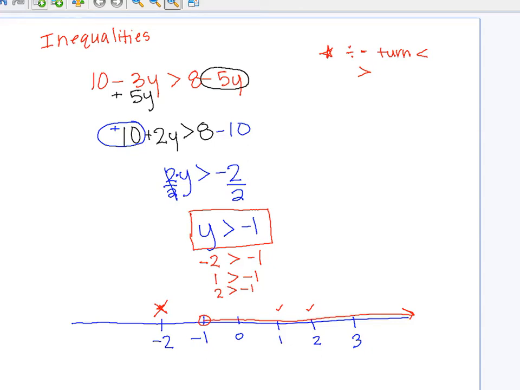You would have something that looks like this. M divided by 3 is less, let's make that a negative 3. We do not turn the sign because we're doing the opposite. So instead of dividing by a negative 3, we are going to multiply by a negative 3.